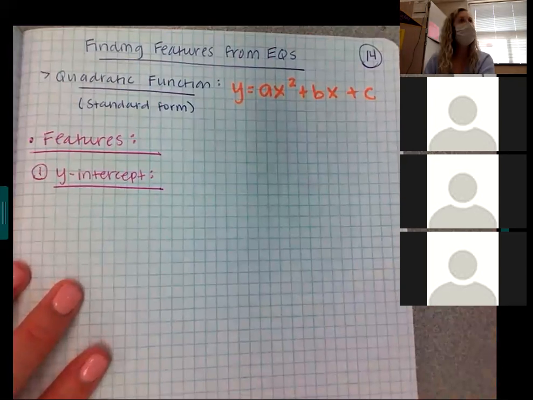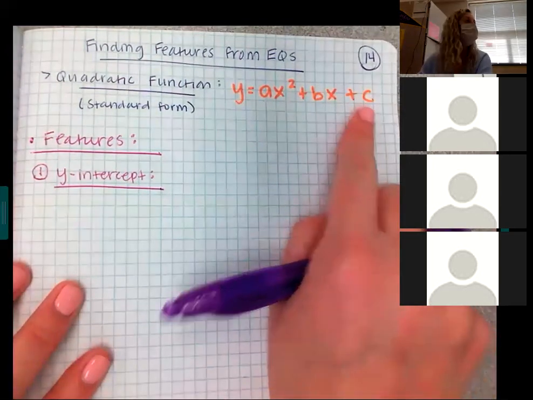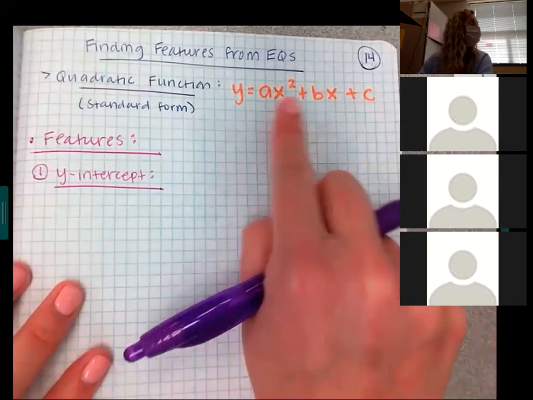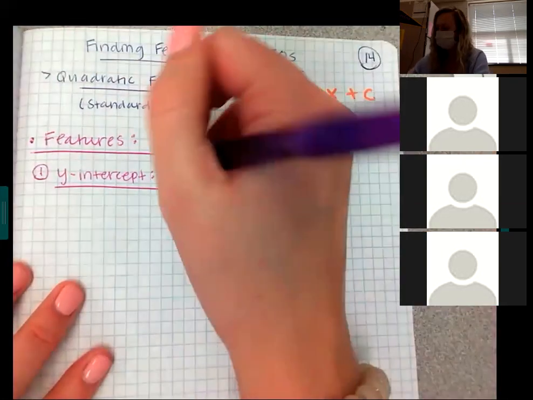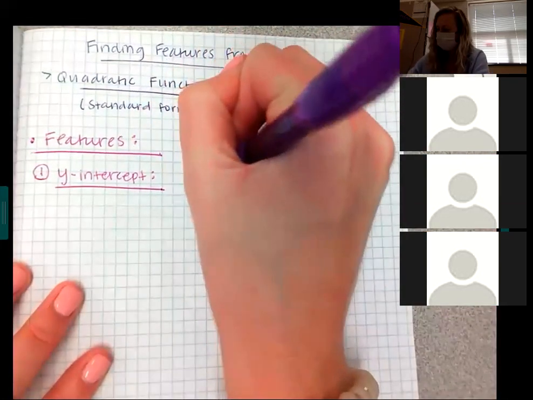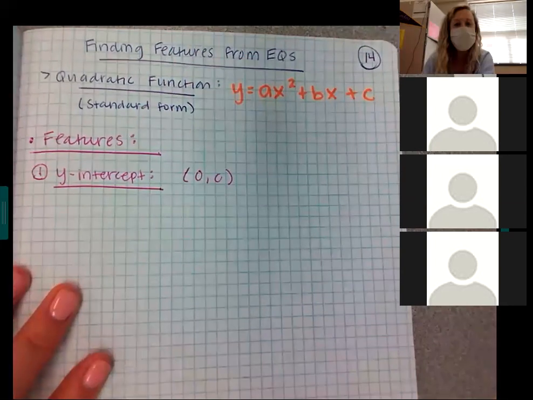Does anybody remember from Math 1, which of these 3 will tell you what the y-intercept is? Oh my God, smart children. All you got to do is look at the c value.